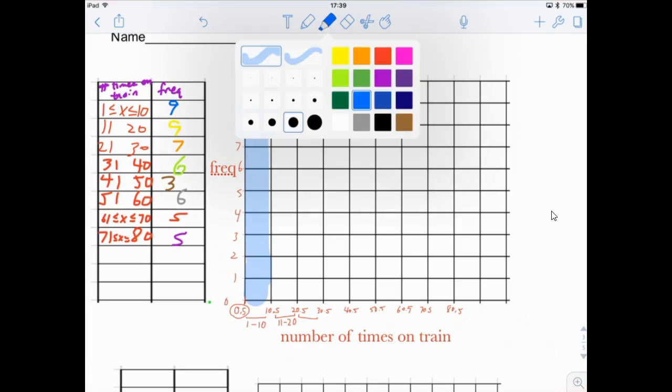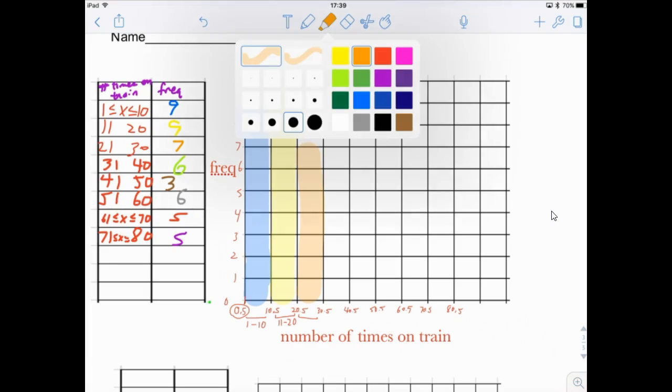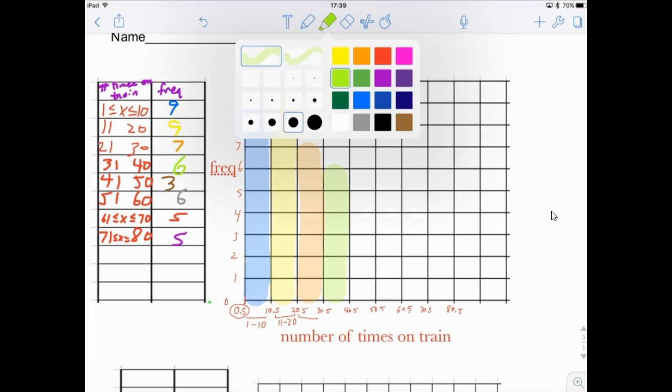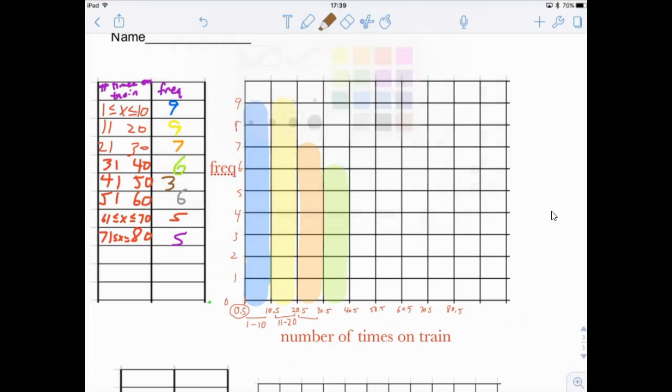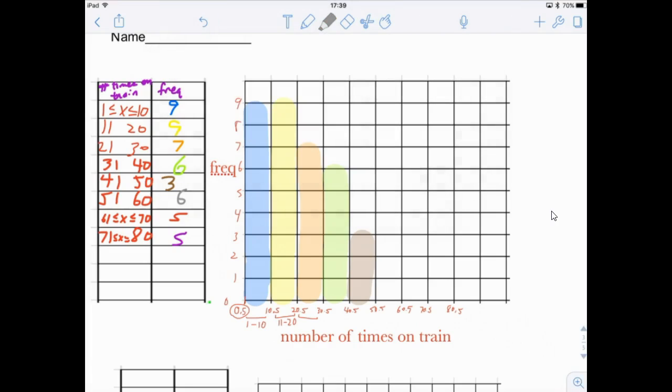The next bar is going to be 9 also. Of course, you don't need to mark these colored. I'm just doing it to show you which one corresponds to what. And then 6, 3, and you might have chosen a different interval size. You might have chosen an interval size of 8 or something, and that's okay.